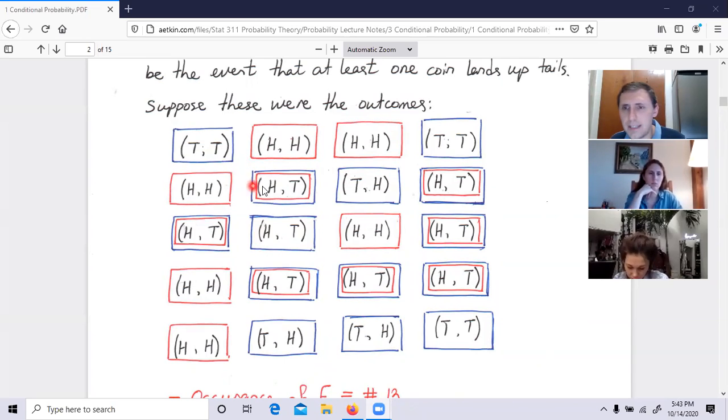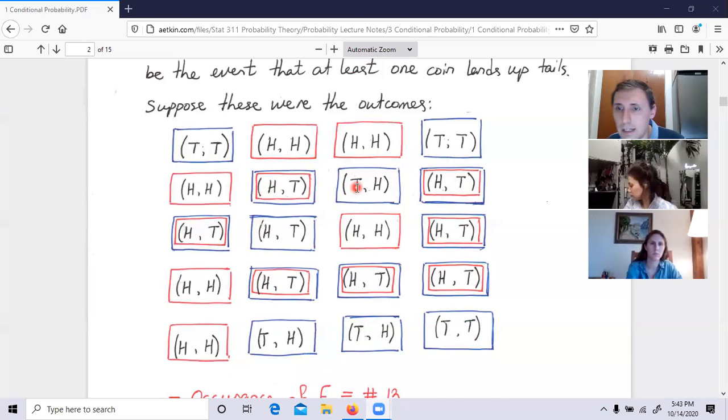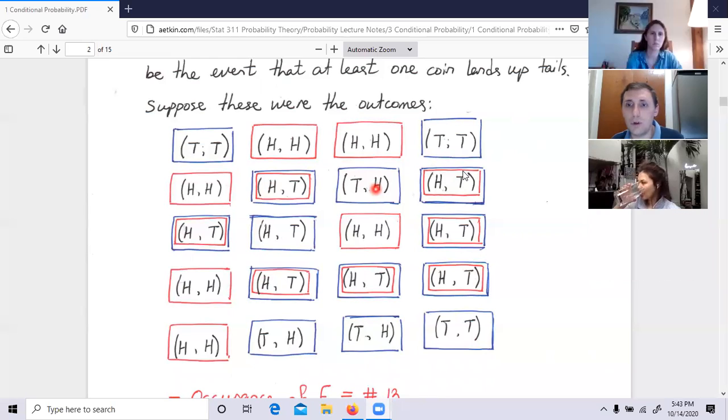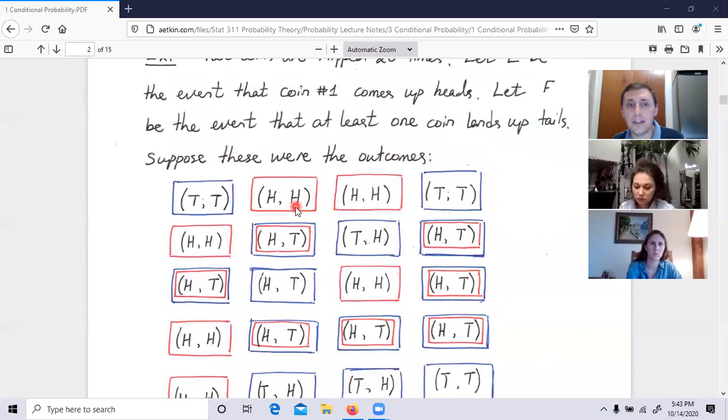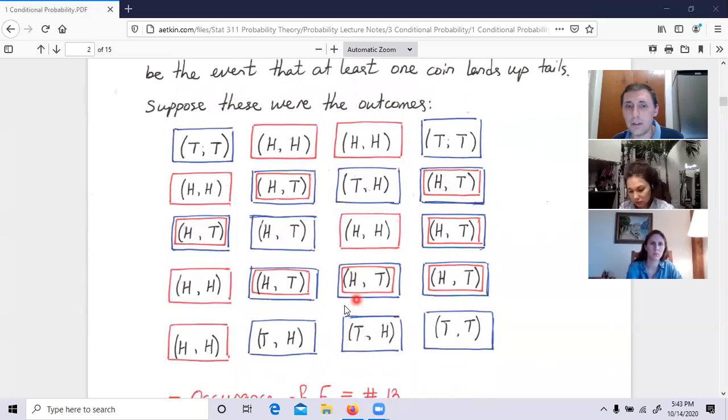But now I delete from my sequence everything that's irrelevant to F. Only F has happened. And we want to know the relative frequency of the event E inside of F.